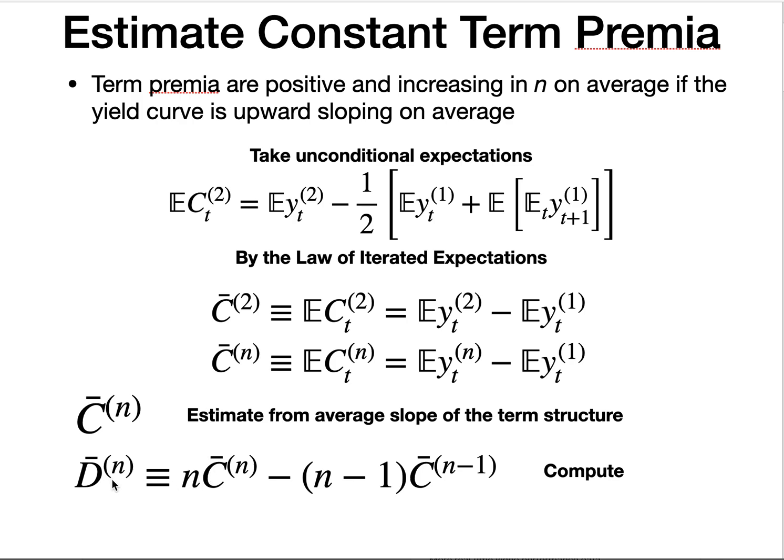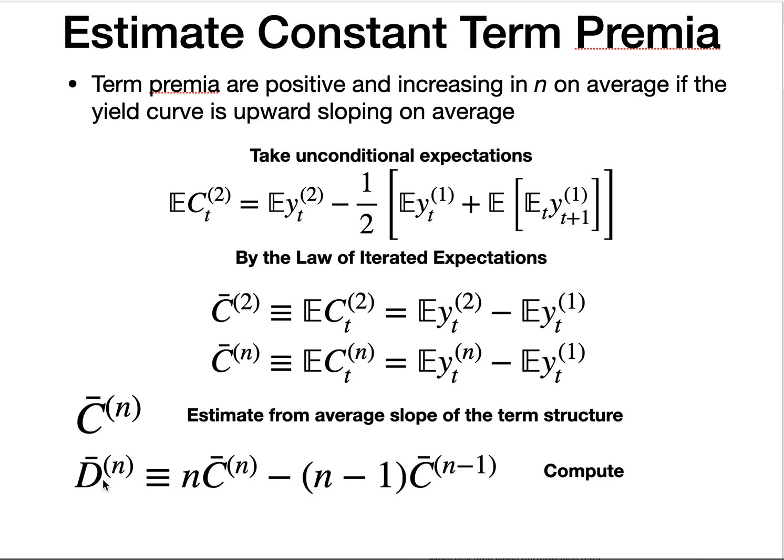And then we have these differences of term premia that came up when we discussed forward rates and expected excess holding period returns. So once we estimate these from these unconditional averages, we can construct these coefficients as well.